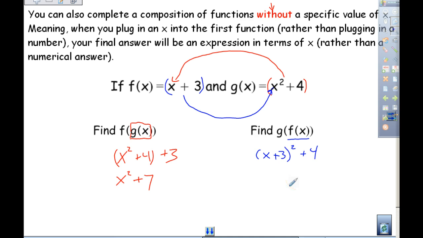So in either direction. Now, if this had more x's, I'd plug it in for every x there was. So far, we're really keeping it basic, one variable per function. Of course, simplify this.